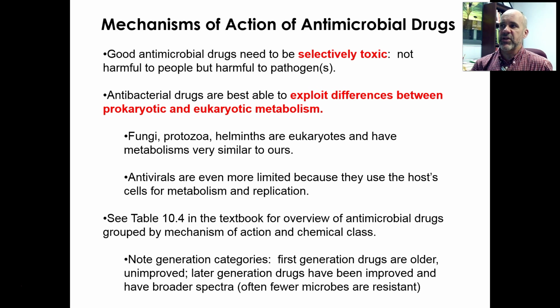With bacteria, we have a much bigger arsenal. And with viruses, it's just been difficult to come up with antivirals that home in on something that the virus does that does not also impact something that's going on with the metabolism of our own cells.